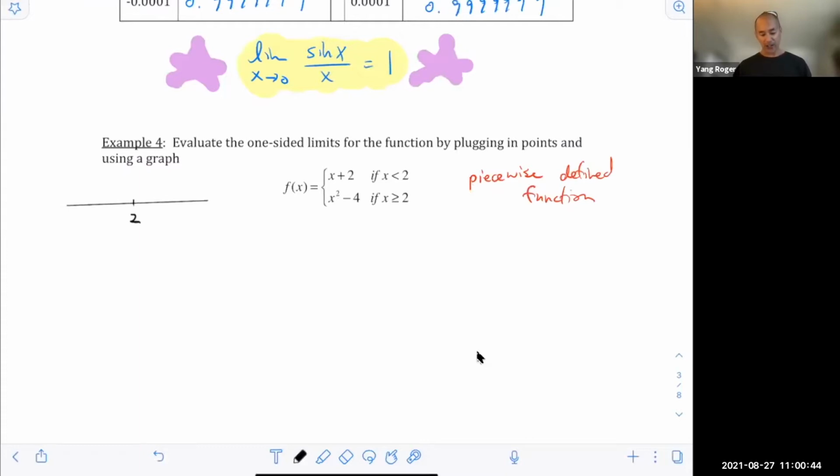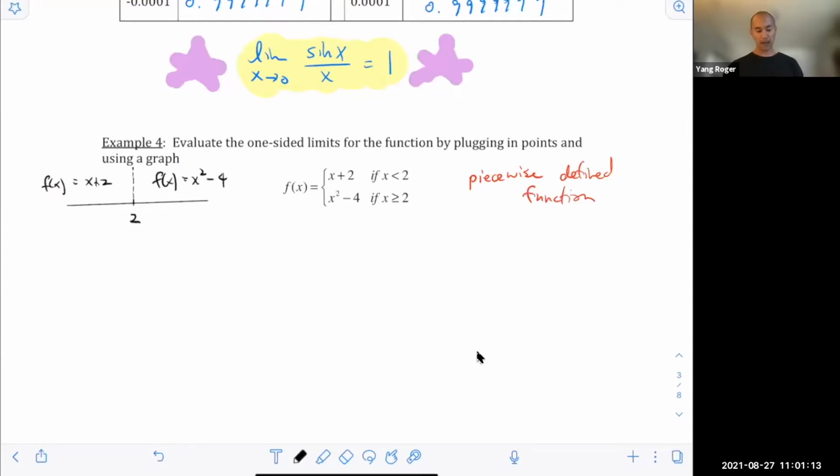And if the value of x is less than 2, then your f of x is going to be equal to x plus 2. If your x value is greater than or equal to 2, then you're defining your f of x to be equal to x squared minus 4. So this is just a mathematical description of my drinking age real life example.